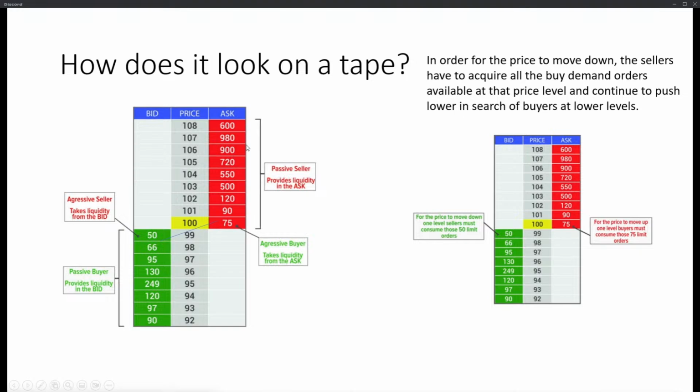It's called an iceberg because you only see the peak. You don't see their intention or the size of the orders below.